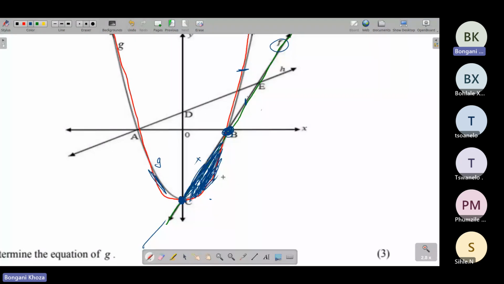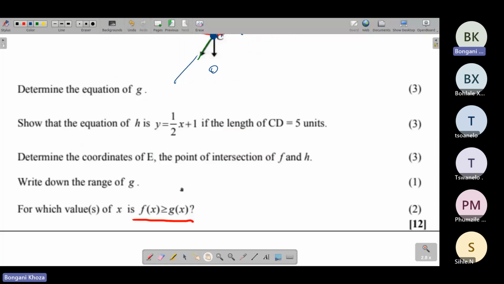For this section of x values, remember, this is x being 0. This we calculated as x being 2. So the only section where f at x is greater than g at x, or above g at x, is from 0 up to 2. But they said greater and equal to.